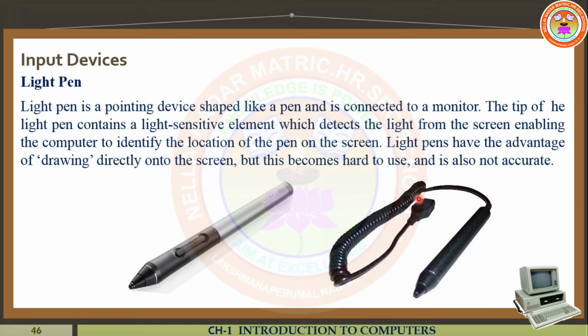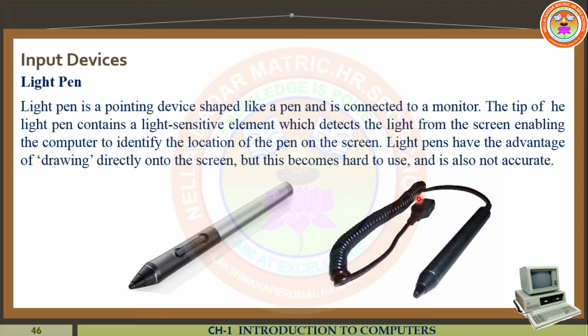So through this device you can write directly onto the monitor. Light pens have the advantage of drawing directly onto the screen, but they become hard to use. Why? Because it is very sensitive, so you can't handle it easily.